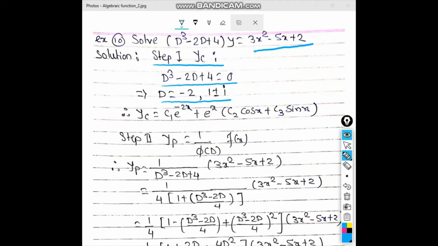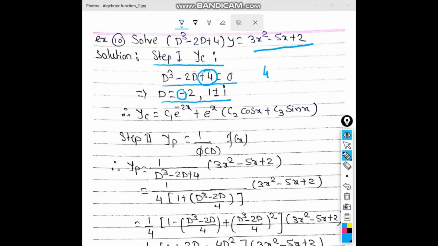interested to use a calculator. Remember, for a cubic equation there is always at least one real root, and that real root has the opposite sign to that of the constant term. In this case, the constant term has the sign plus 4, so that real root will have the opposite sign. Here you can observe that it is a minus. And that is again a factor of that constant term.